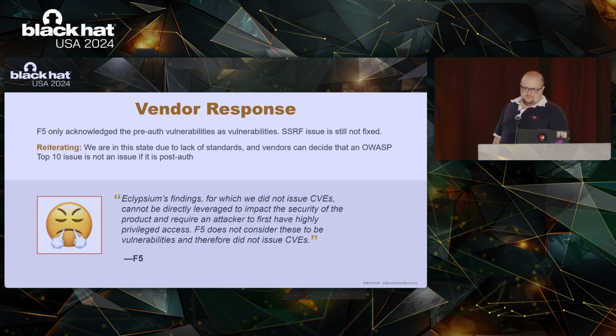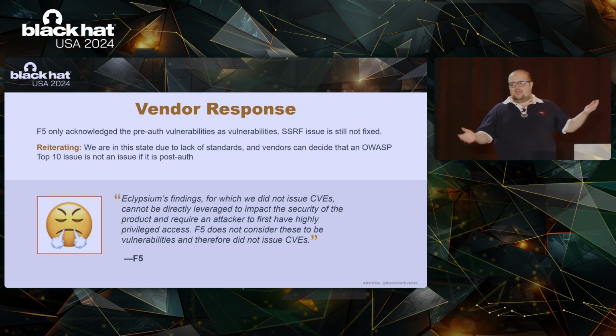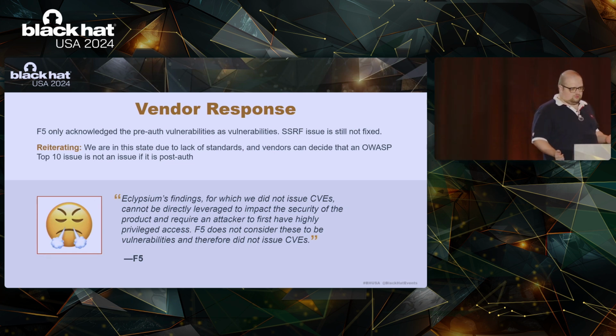And again, as I said, the vendor response: to leverage SSRF issues you need admin access, they cannot be directly leveraged to impact the security of the product, and we will not even patch it. So the SSRF vulnerability is not patched in the latest release. Due to the lack of compliance standards, we cannot point the vendor to a standard and say you shouldn't have an OWASP top 10 issue in your product.